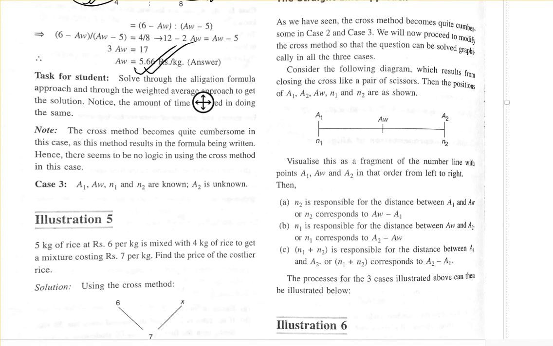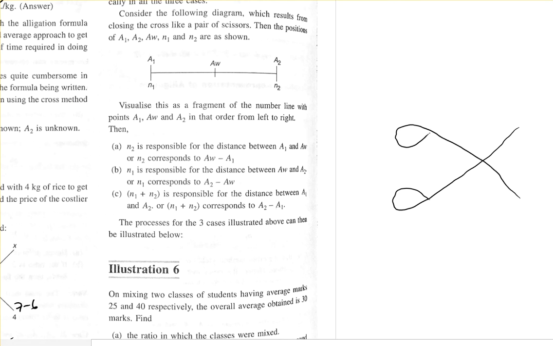Consider the following diagram, which results from closing the cross like a pair of scissors. This was a cross and we just closed it. Let me show you. We just closed this scissor and it became like this. This is what they are trying to tell you.